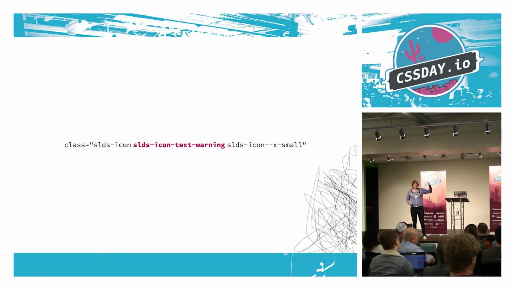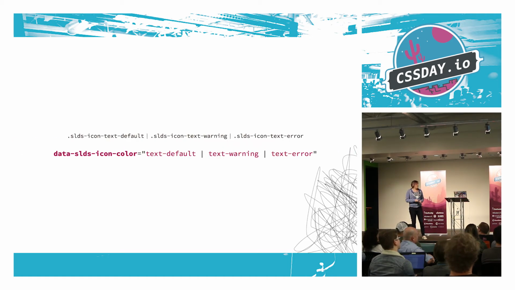And they've got different ones for icon text success, icon text error. Whenever I see classes that go together as a set, I move those into data attributes so that they're contained and the pattern is in one place. And you can just look there and it's consistent.